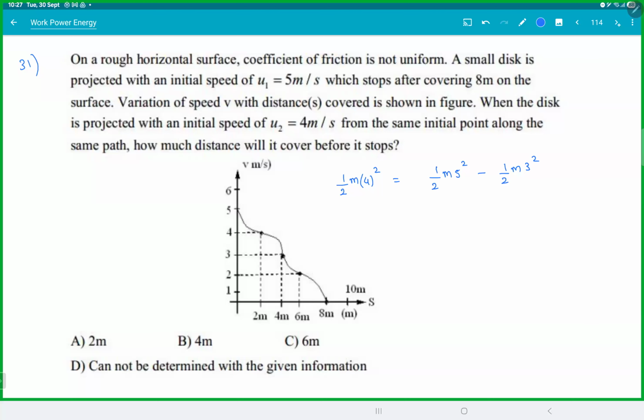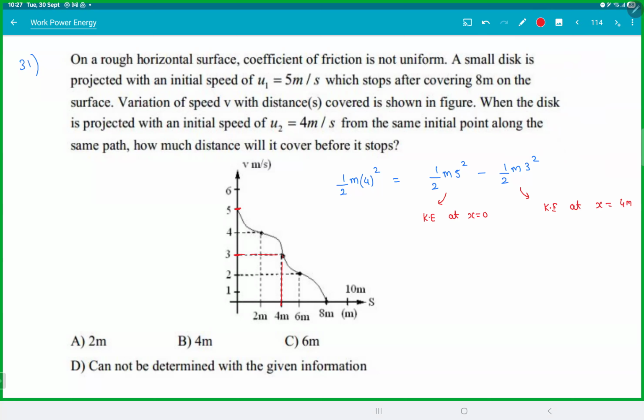So I'll write this as 5 square minus 3 square. What is this? This is the kinetic energy at x equal to 0, which is the 5 meters per second. This is the 3 meters per second, the kinetic energy at x equal to 4 meters.